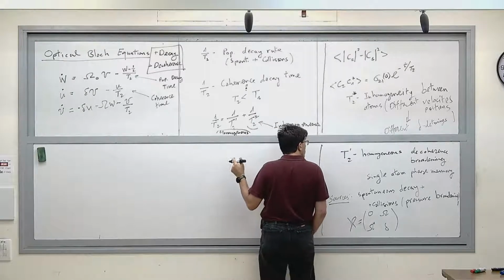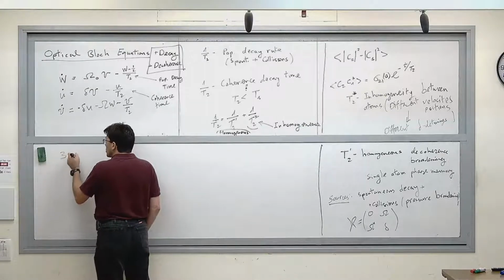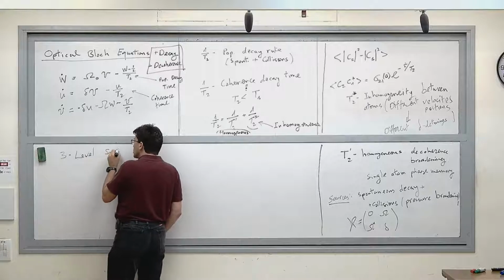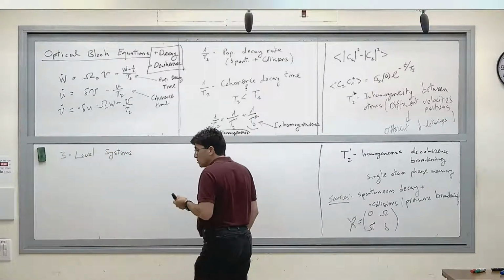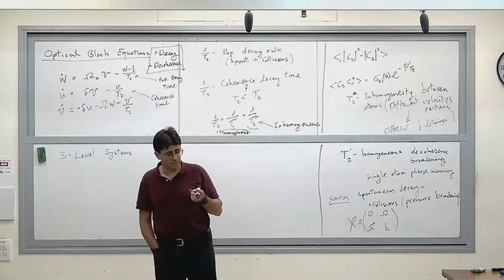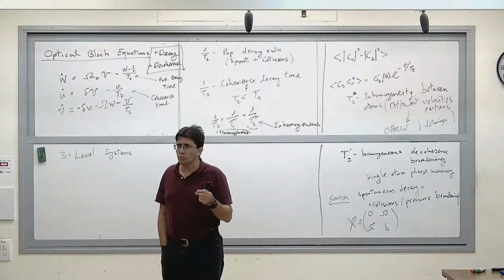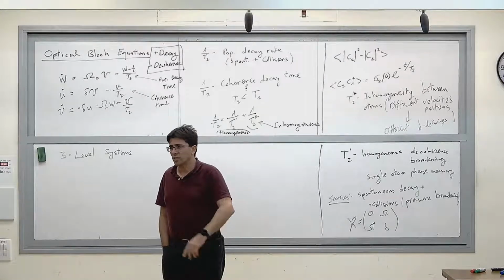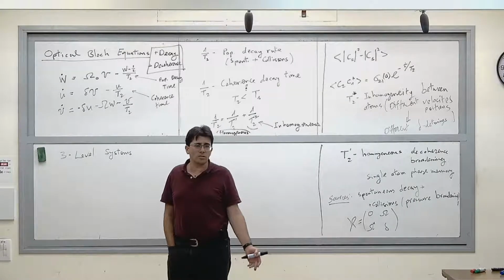So, okay, we want to talk about three-level systems. Now, with three levels, the problem is that you lose this convenient, intuitive picture of a fictitious vector, because there's no longer just one spin.